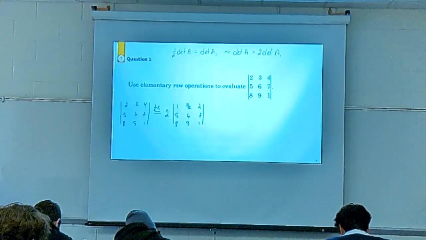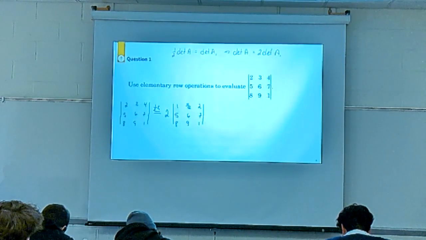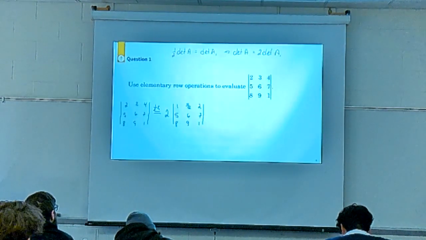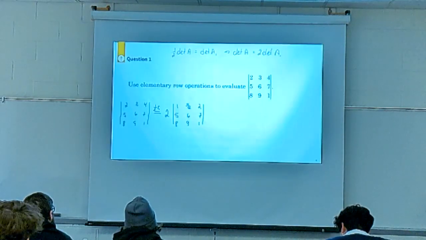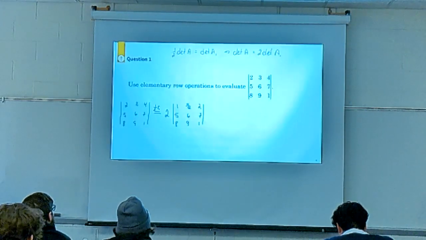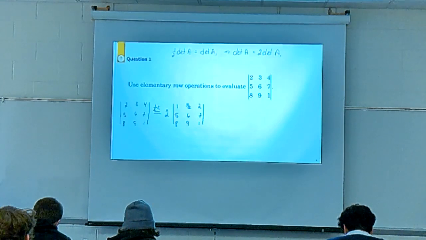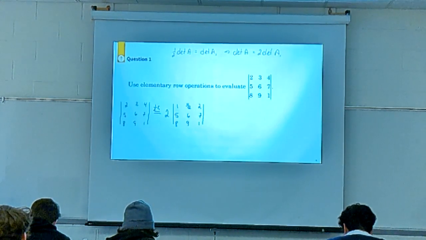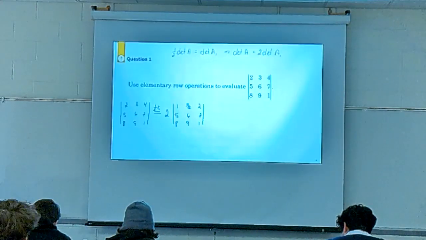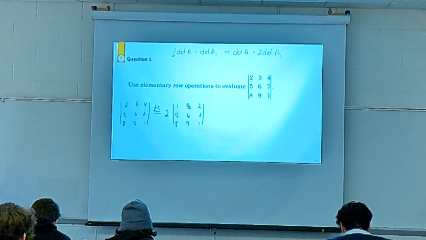Wouldn't it just be easier to wait and calculate all the multiples and then do the determinant of A? What do you mean, calculate all the multiples?